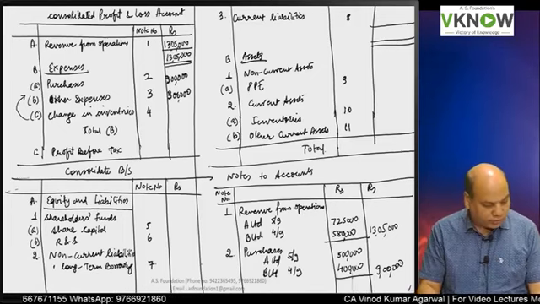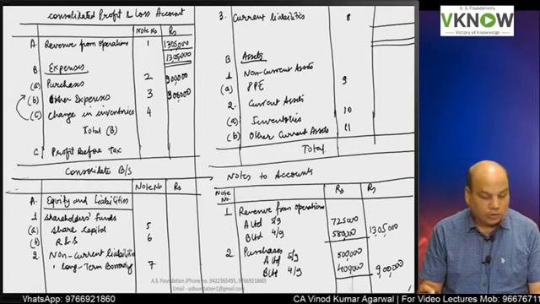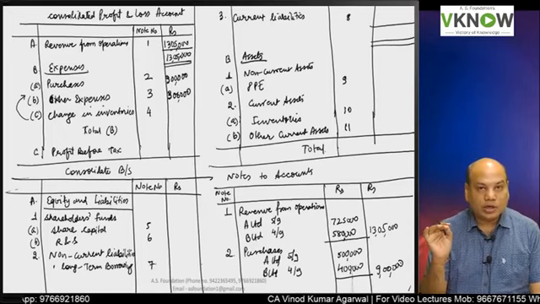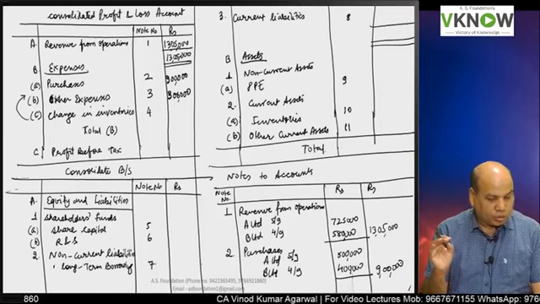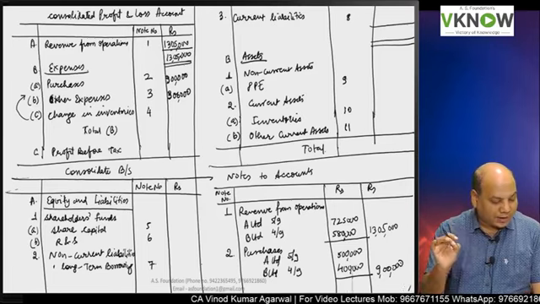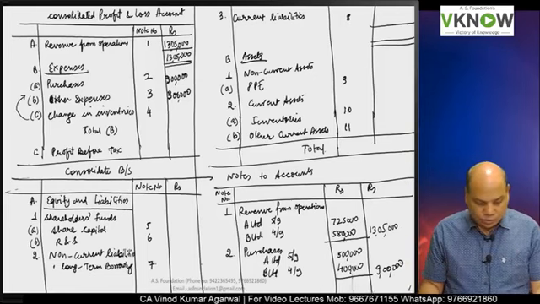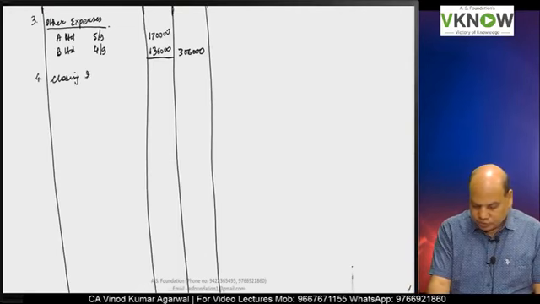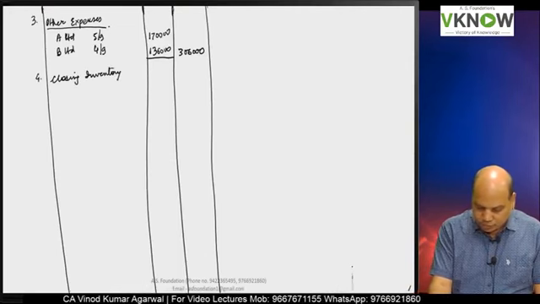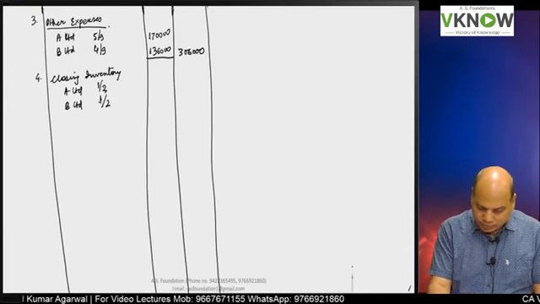Then note number 4 is change in inventory. There is no opening stock, but there is a closing stock of 1 lakh given below the trial balance, and the problem says the two venturers will share all assets and liabilities equally. So closing inventory, note number 4, A and B, this we are going to divide equally, 1 by 2, 1 by 2.